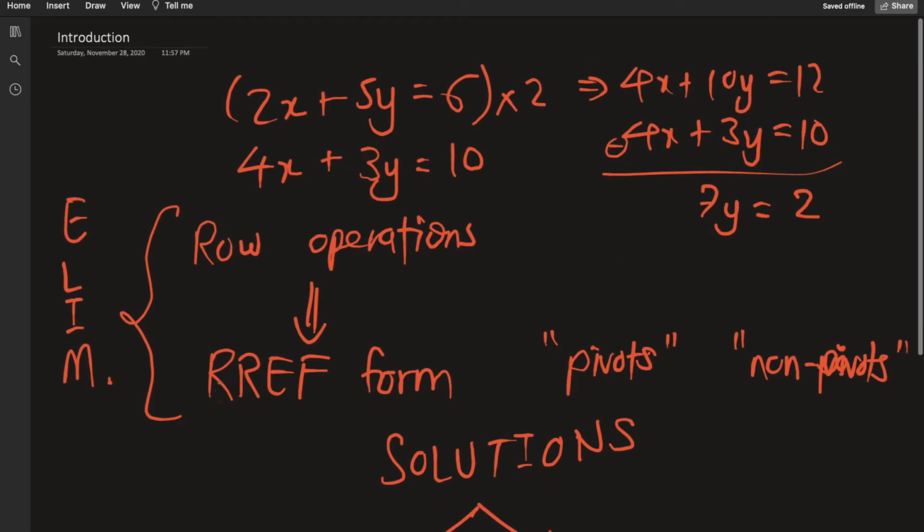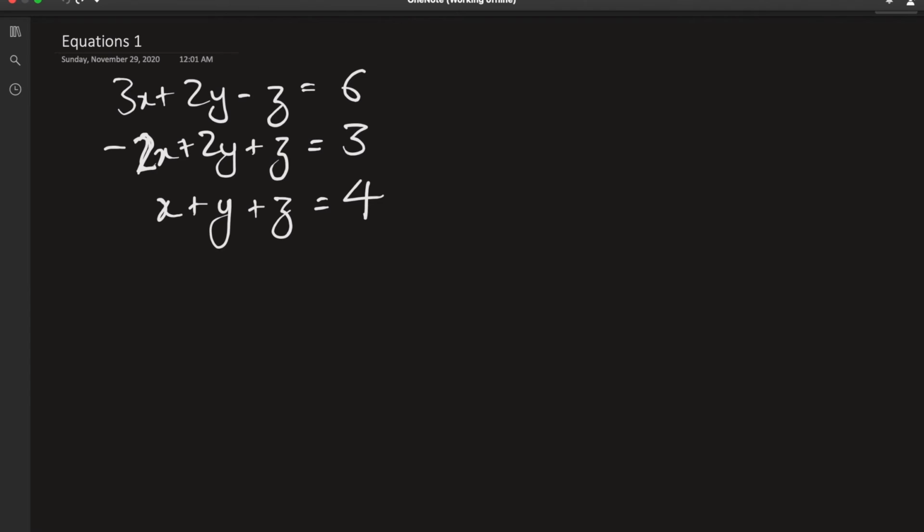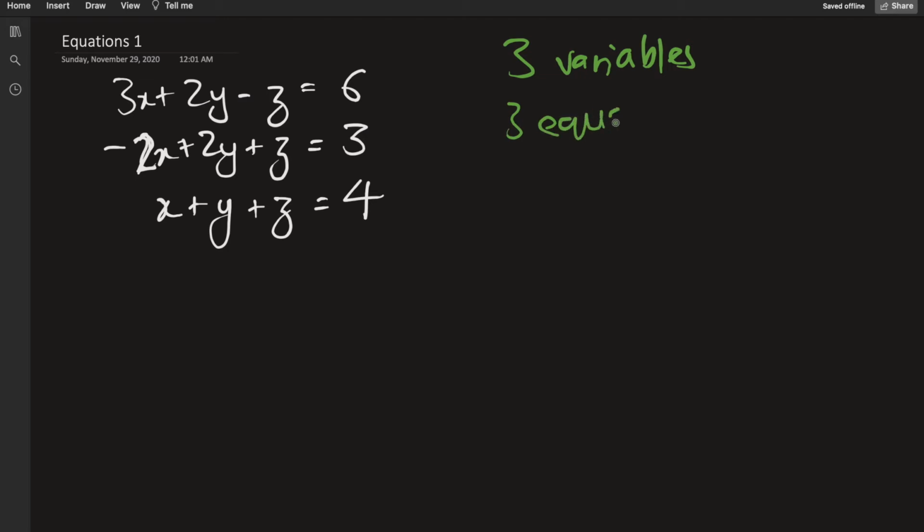Okay, fair enough. Let's move on. Let's start on a fresh page. So we have a system of equations like this in 3 variables, 3 equations. I'm going to take these coefficients and write them in a matrix. So I have 3, 2, negative 1.